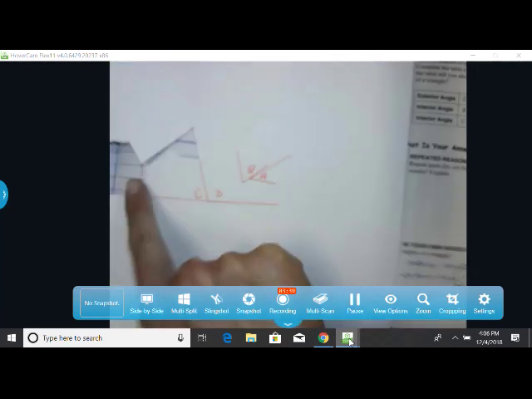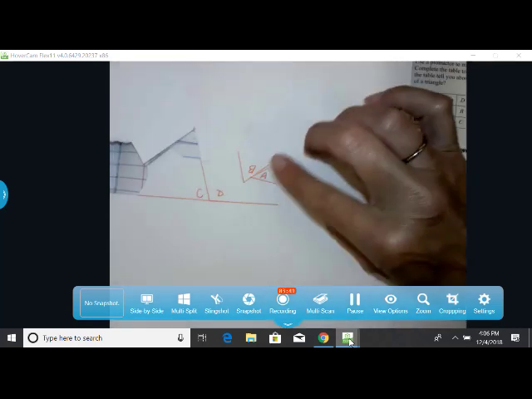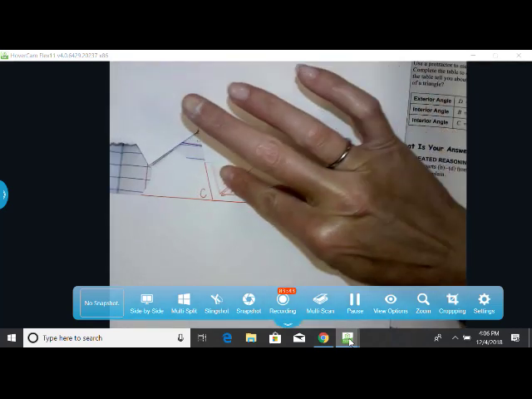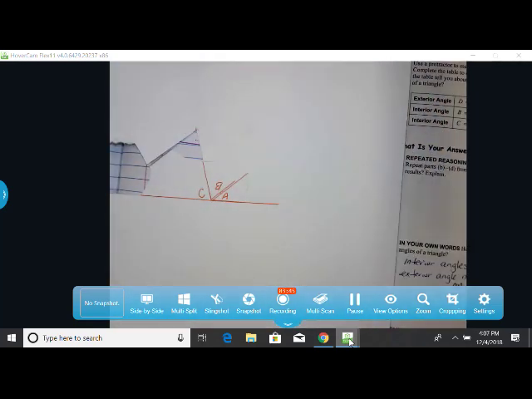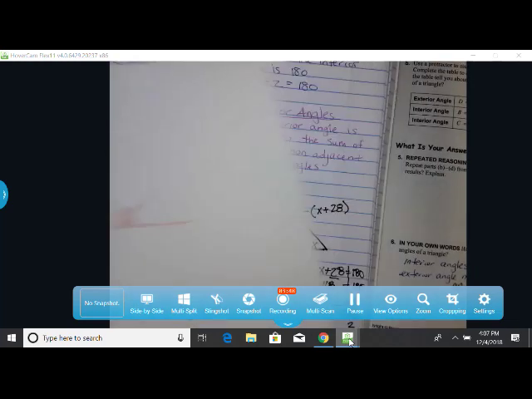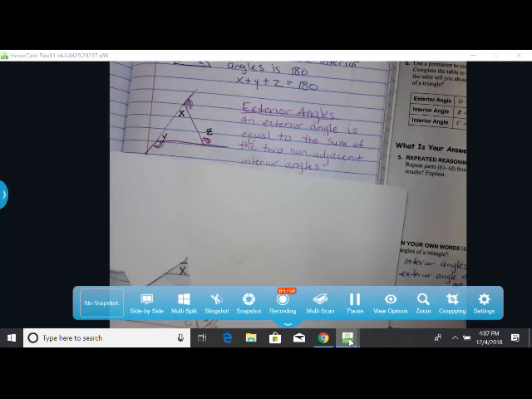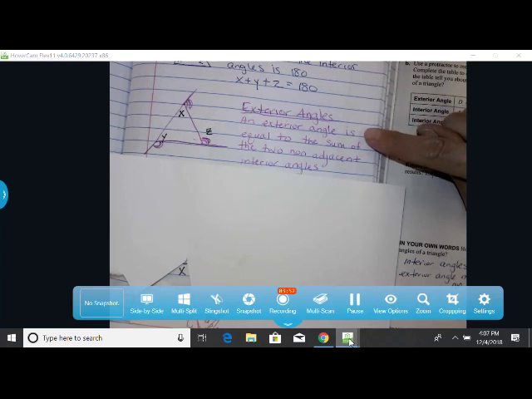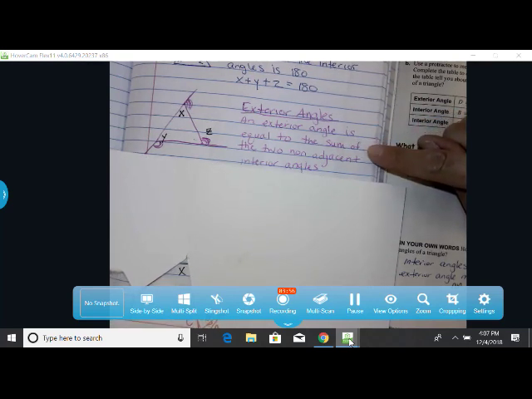I took the two that were not next to D, and together they make up that exterior angle. So exterior angles are equal to the sum of the two non-adjacent interior angles, equal to the two non-adjacent angles added together.